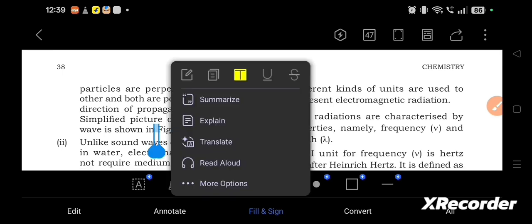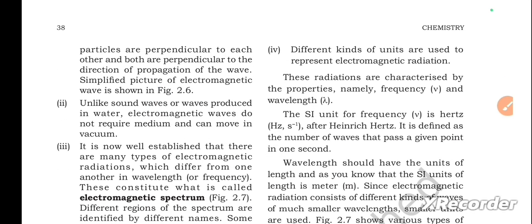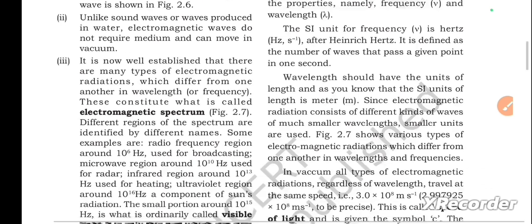Next, fourth point. Different kinds of units are used to represent electromagnetic radiation. These radiations are characterized by the properties, namely frequency and wavelength. The SI unit for frequency is Hertz, after Heinrich Hertz. It is defined as the number of waves that pass a given point in 1 second.